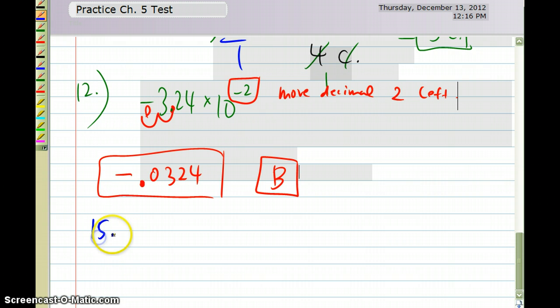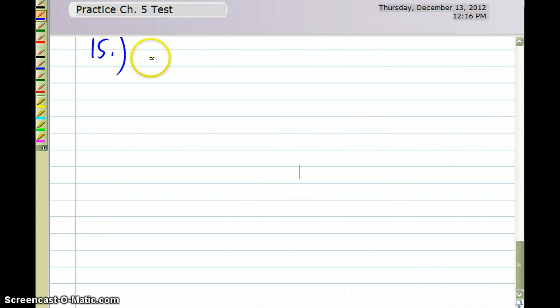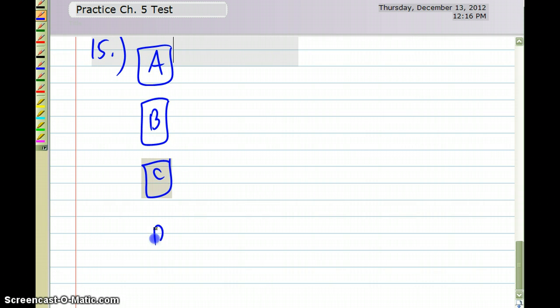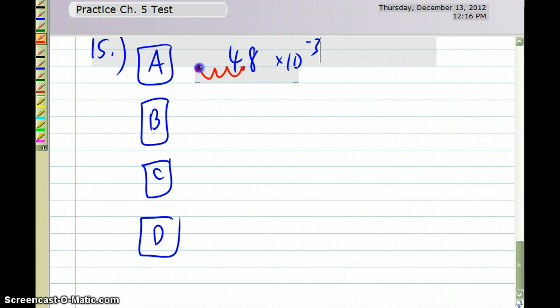Number 15, let's do that question. I'm looking for the one with the least value. Okay, the smallest one. Now, 4.8 times 10 to the negative 3 means that I'm moving my decimal 1, 2, 3 times to the left, adding 2 zeros in front of the 4.